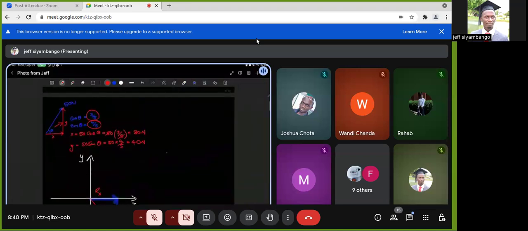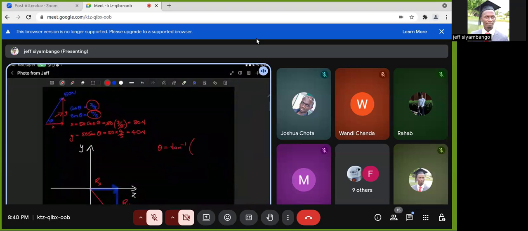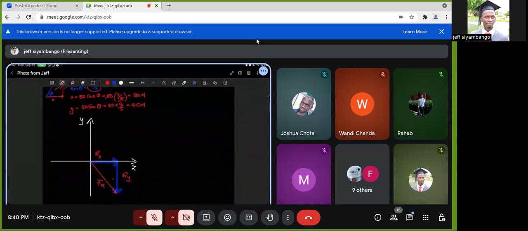Even if I don't show this, what's important is me knowing the direction. So when I use tan inverse to say theta is equal to tan inverse of the y component over the x component, you need to see that the theta you actually find is this angle here. Because when you say tan theta, the opposite is the y component and the adjacent is the x component.